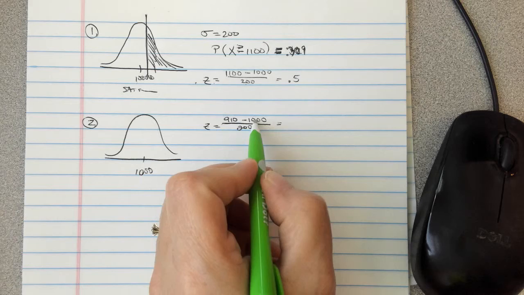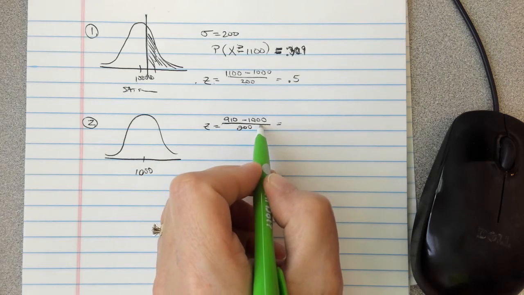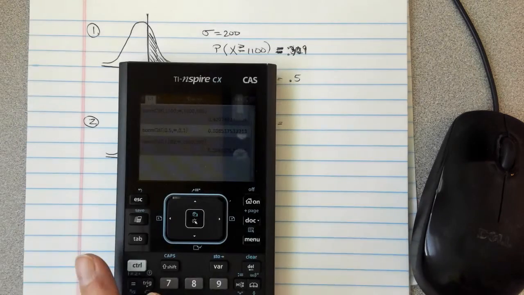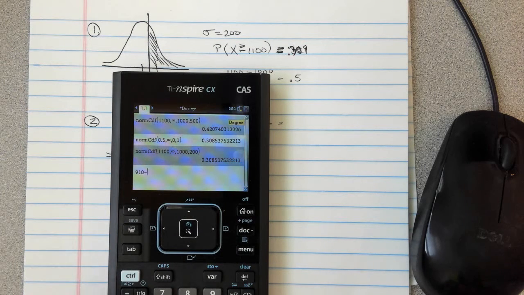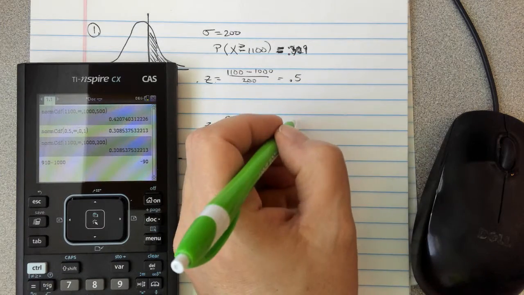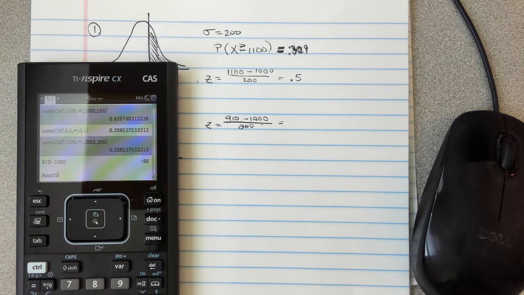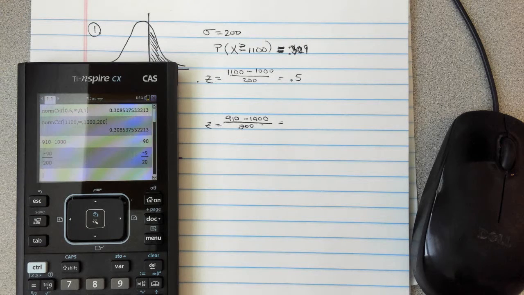That's negative 90. See, I don't even trust myself now. I don't even trust myself to subtract right anymore. 910 minus 1,000 is negative 90, right? Yes, it is. So this is negative 90 over 200, which is negative 9/20.